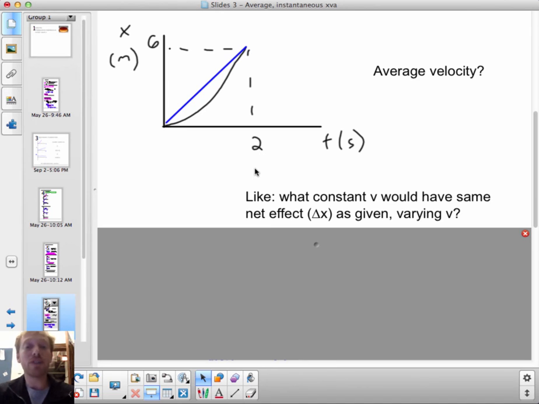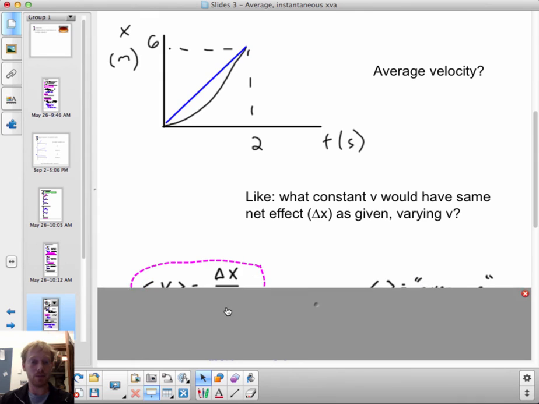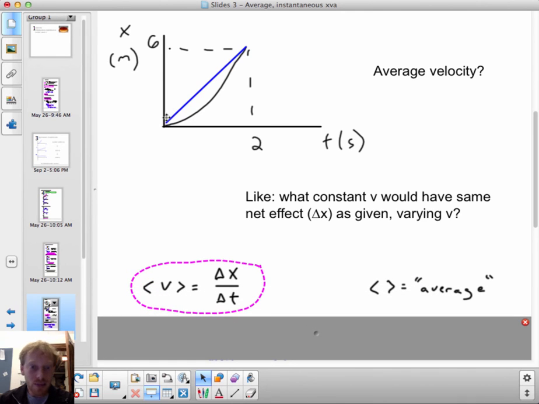When you ask what the average of something is, you're asking what constant value would have given the same net effect as a given changing value. And in the case of velocity, the effect of velocity, if you like, is the displacement. You can see from this graph that the slope of that blue line, the average velocity, is the rise over run, delta x over delta t.